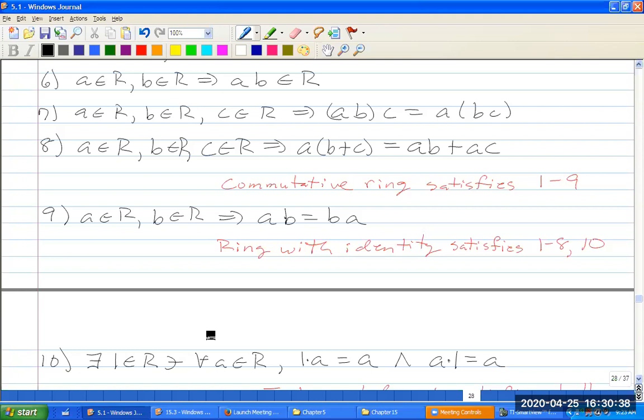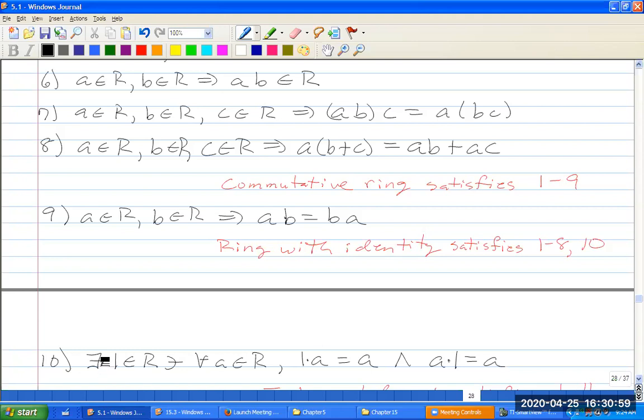Now, it may not be commutative. So if it satisfies 1 through 8 and 10, so if it's a ring and there exists an identity, it's called a ring with identity. If it commutes, then it would be a commutative ring with identity.